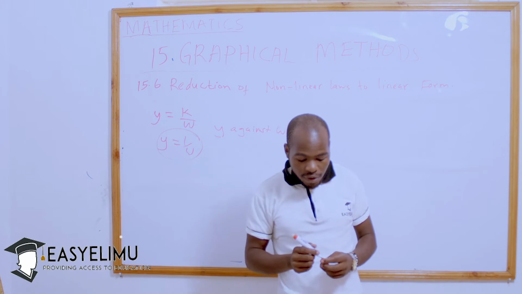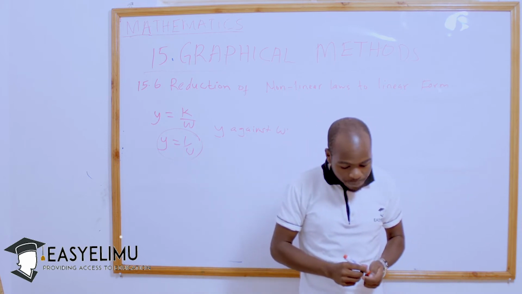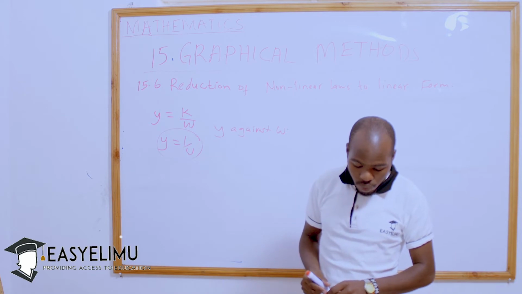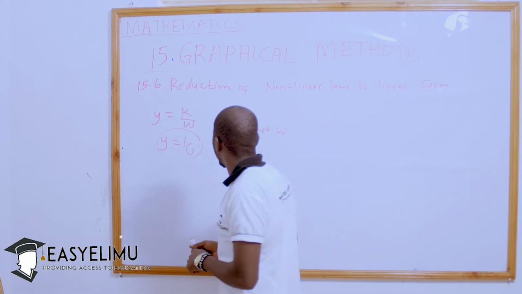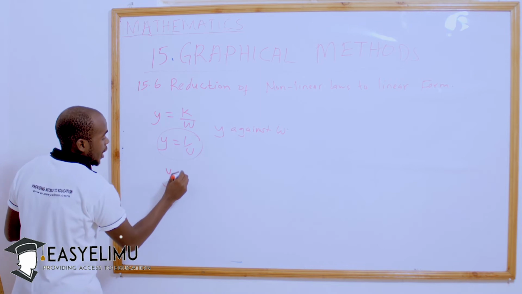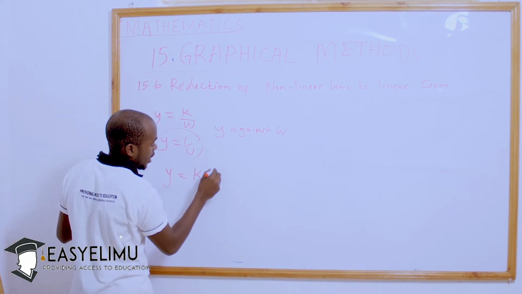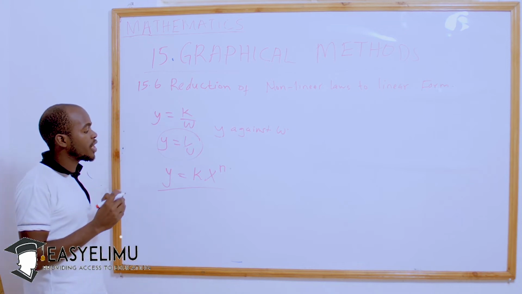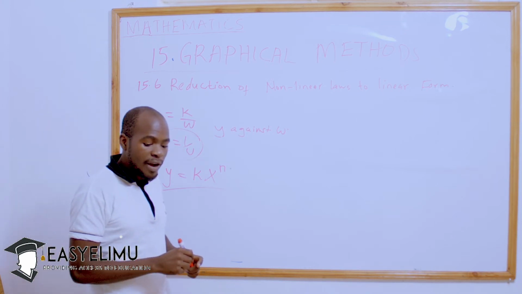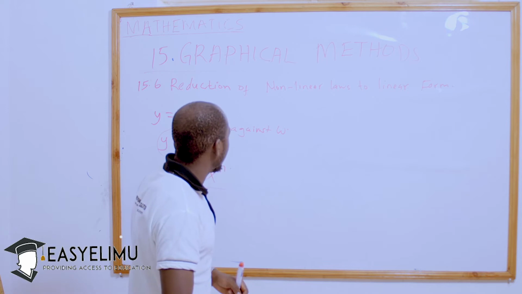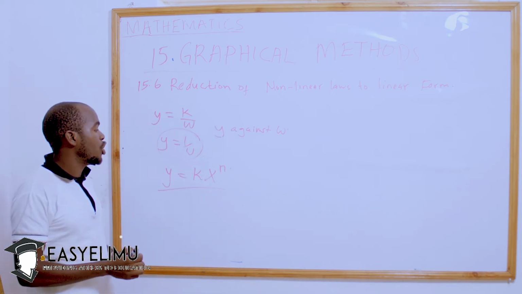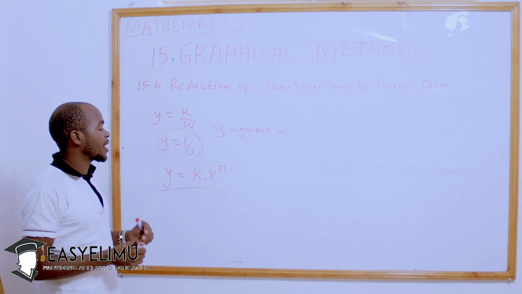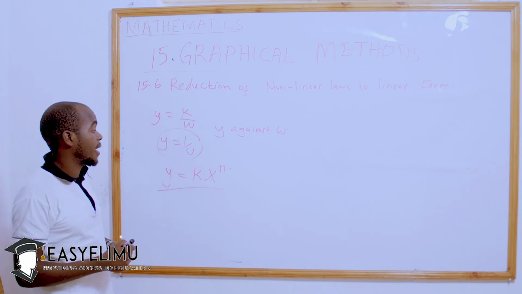So you may be given a relation in which you have y equals kx raised to n. In order to graph this, you need first to reduce it to linear form in order to find the values of the respective variables, and then you plot them on a graph.